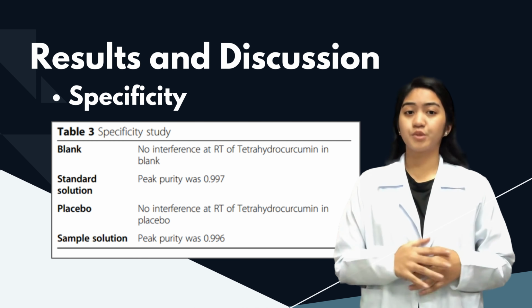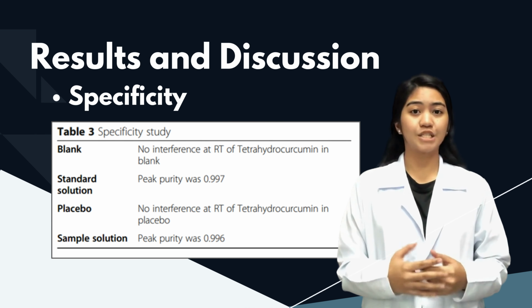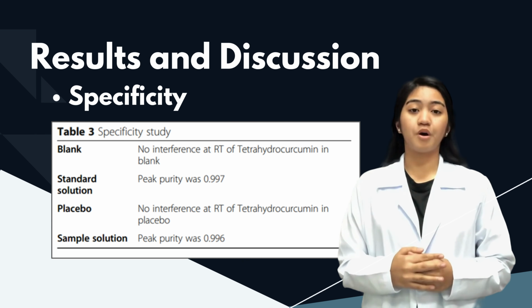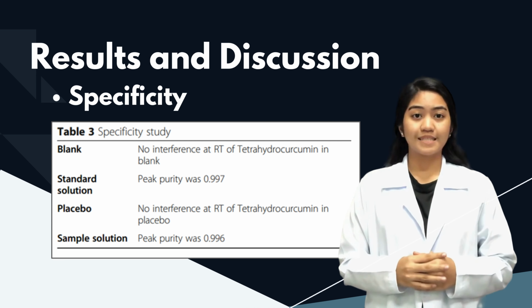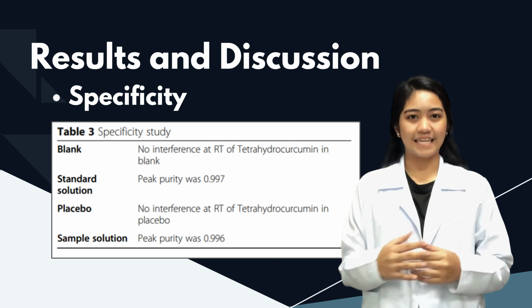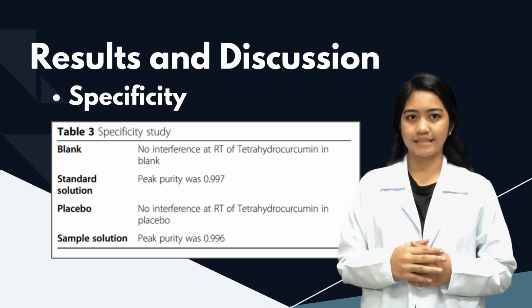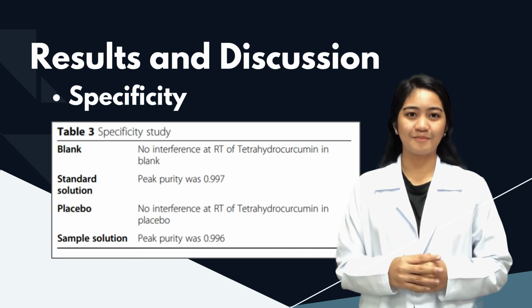The authors demonstrated the specificity of the method by showing that the THC peak is well resolved from other impurities in the sample. The peak purity of THC was found to be greater than 0.99, indicating the absence of impurities. And also, the method is selective for THC.